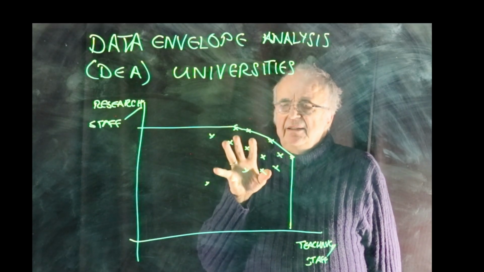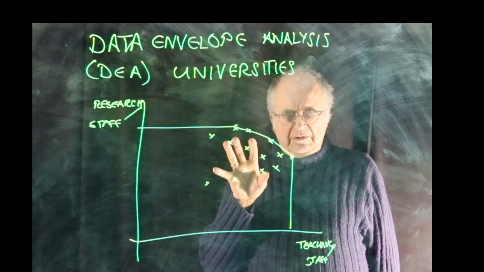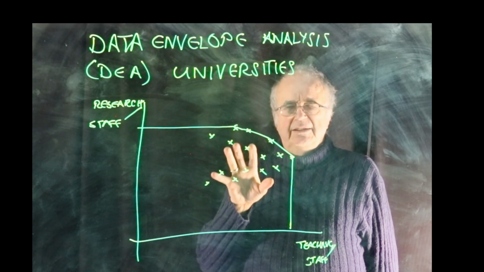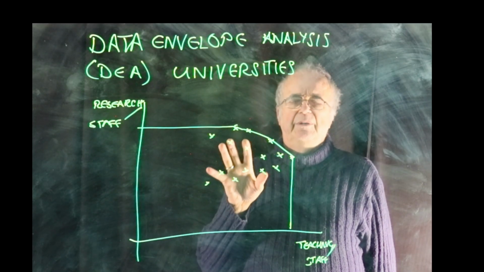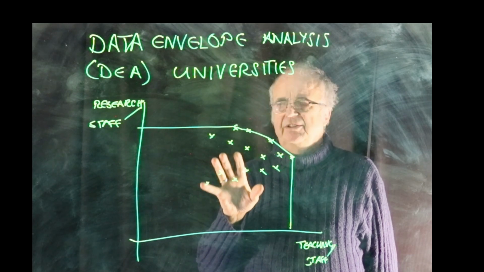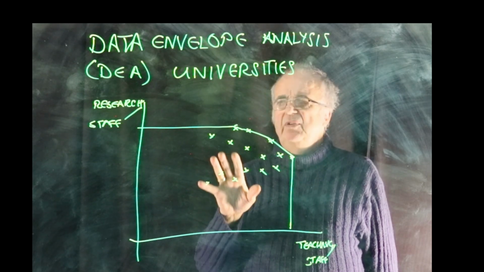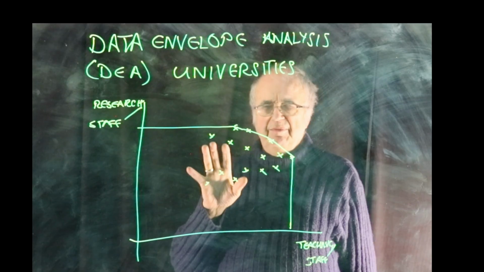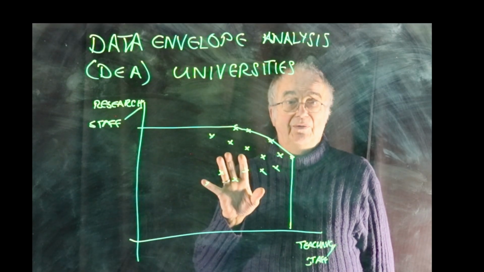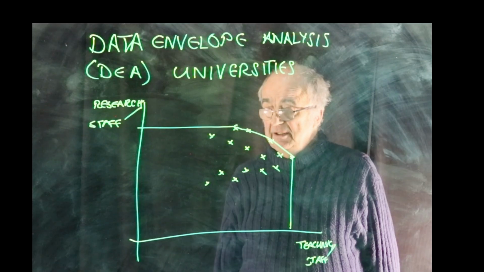And that's the first thing, is to note that the data envelope analysis gives you a very different pattern. It should make one think about what counts as an effective institution in producing good results for the resources that it gets.